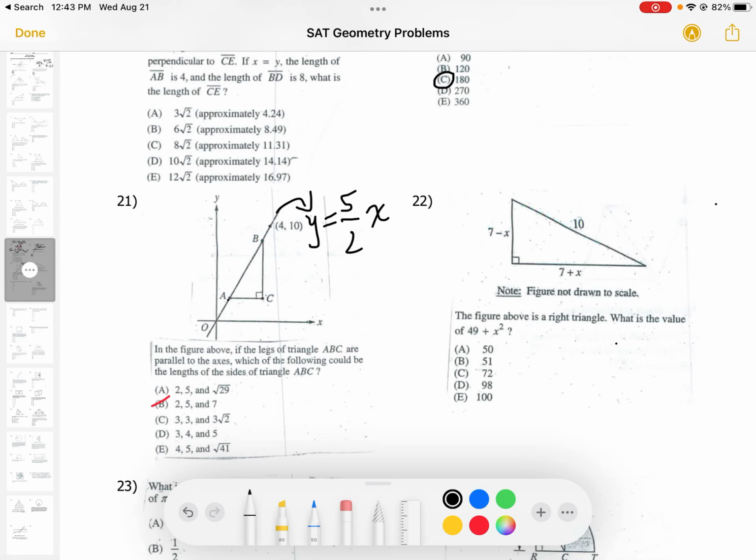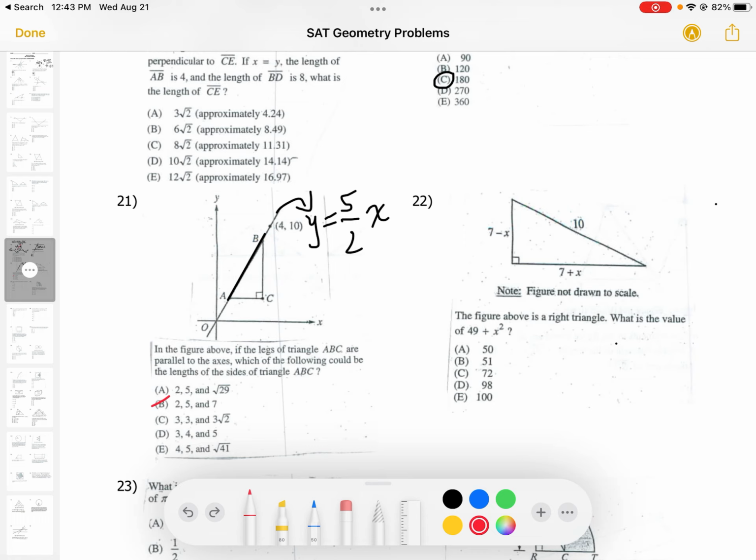It's also important to note that this line segment AB is completely on the bigger line. All of the points on segment AB are on that line in red. So that means AB has the same slope as the bigger line.